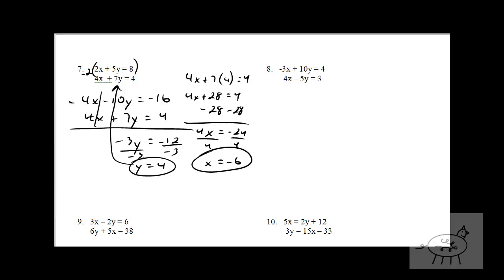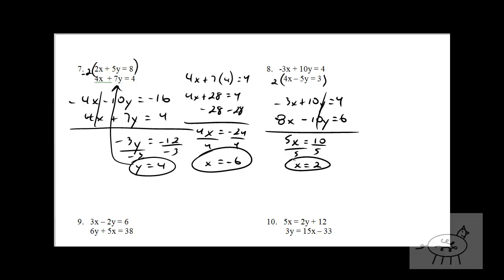Okay, so this next one, number 8, I'm going to eliminate the y, and that's pretty easy. I just need to multiply this one by positive 2. So you get negative 3x plus 10y equals 4, and 8x minus 10y equals 6. So the y's cancel, and we have 5x equals 10. Divided by 5, x equals 2.